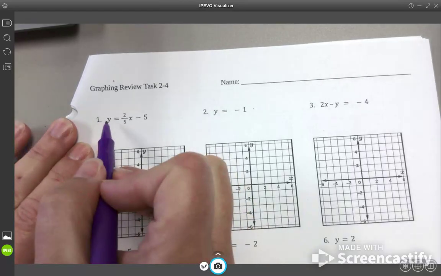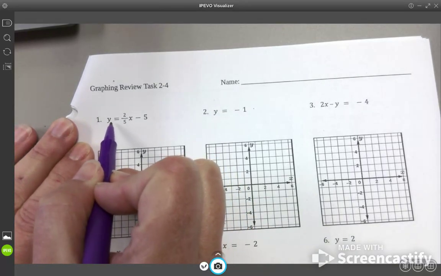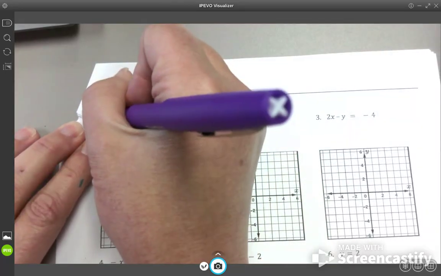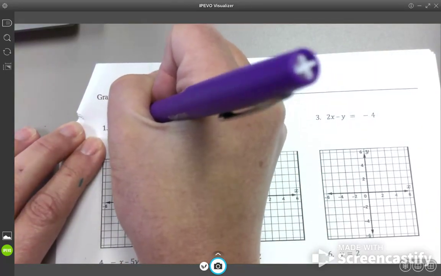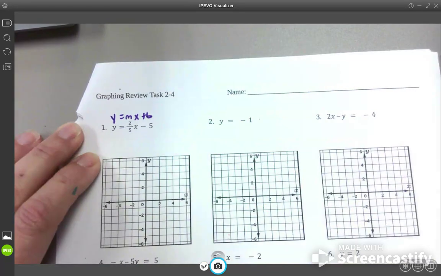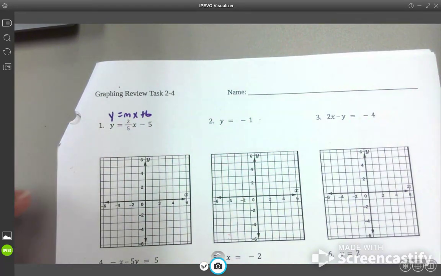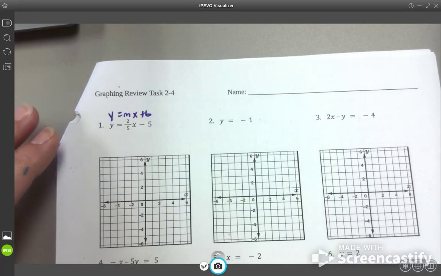So number 1, because y is by itself, I should look at this equation and know that it's in slope-intercept form. It's in the form y equals mx plus b. I'm writing down a couple notes. I suggest you do the same, but if you feel like you're catching on really quick, you can go ahead, but you have plenty of time today to work.